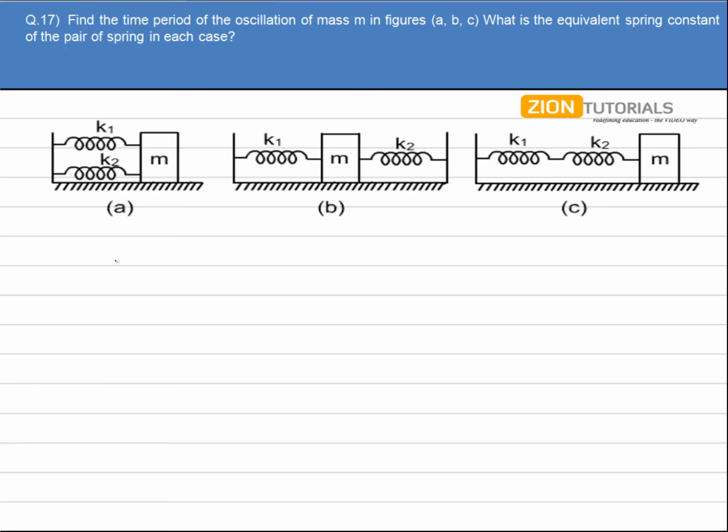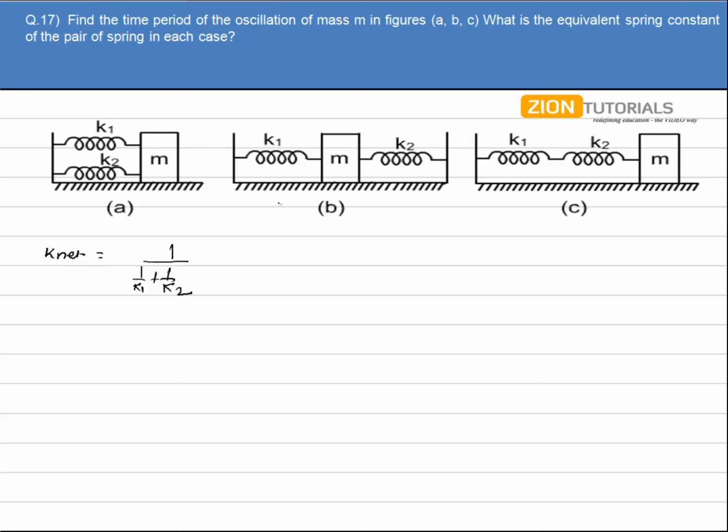Right now I'll give you a concept that if the two springs are in series, then K net for the series combination will be given like the equivalent resistance of the parallel combination of the resistances. If K1 and K2 are in series, say that is in the C part, then K net will be given by 1 by K1 plus 1 by K2.